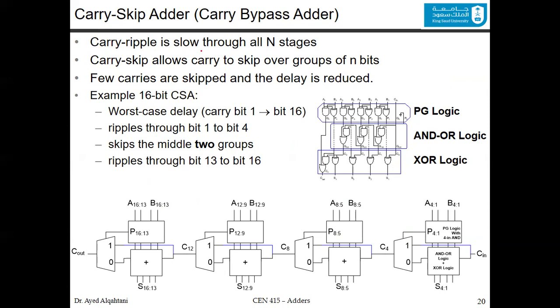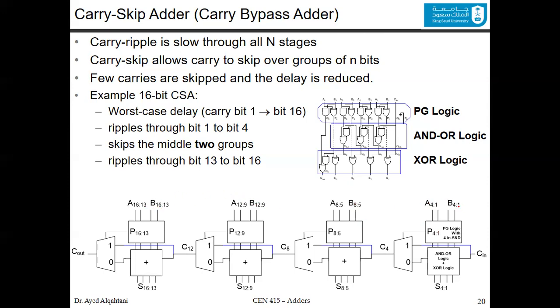So the carry ripple is slow through all the M stages. The carry skip allows the carry to skip over the group when the condition happens, which is the propagation of the group is equal to 1. The carry skip is beneficial when you have different grouping. For example, you group bits from 1 to 4 together for A and B, followed by 5 to 8, followed by 9 to 12, followed by 13 to 16.